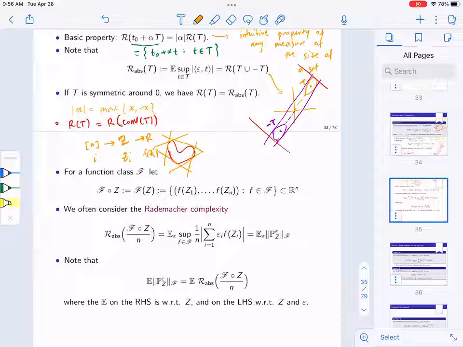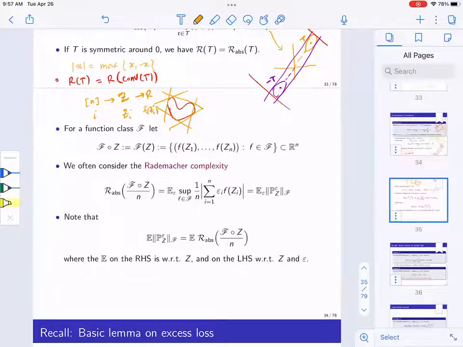In any case, this is the restriction of F to this set Z, which is a subset of R^n. And as we saw, by the definition of the Rademacher complexity of this subset of R^n, sorry, this is the absolute version of the Rademacher complexity. It's the expectation over epsilon of this supremum of the Rademacher process.